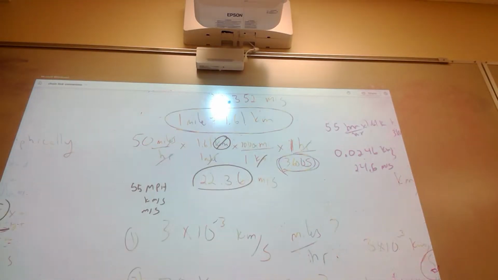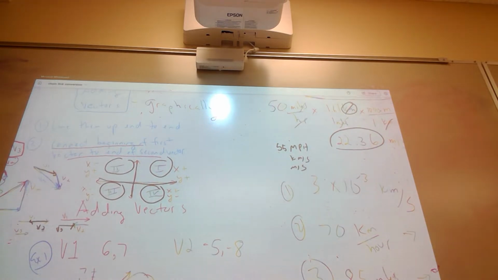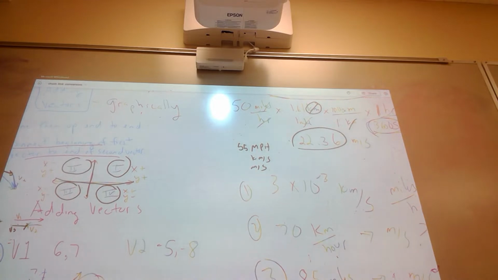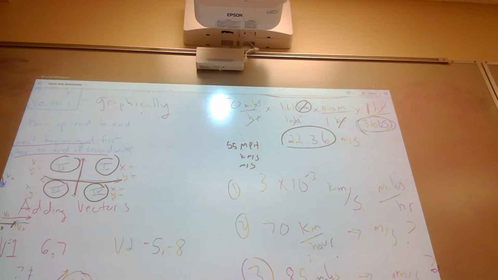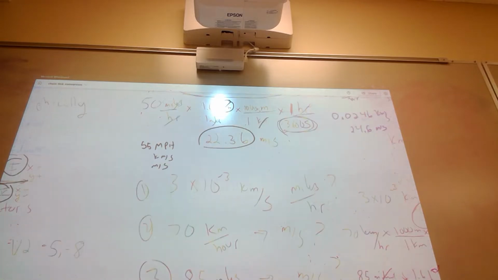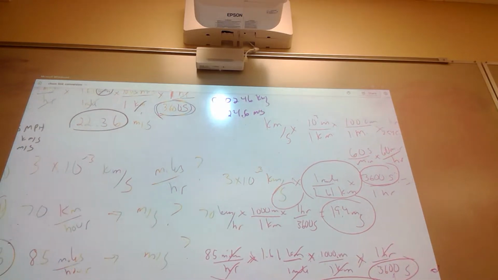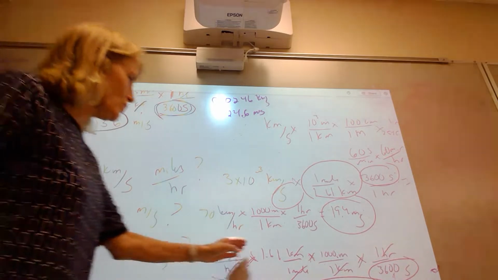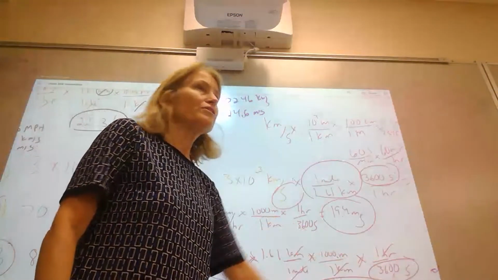The last one was 85 miles per hour, and you're putting that into meters per second. Anybody? 37.7. 85 miles per hour, 1.61 kilometers in a mile, 1,000 meters in a kilometer, 1 hour is 3,600 seconds.